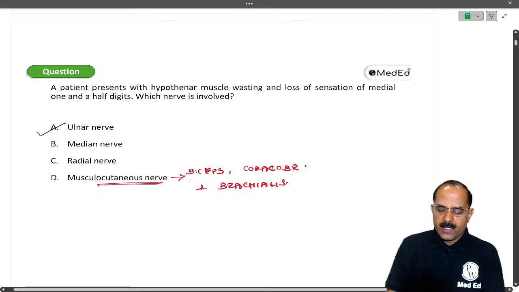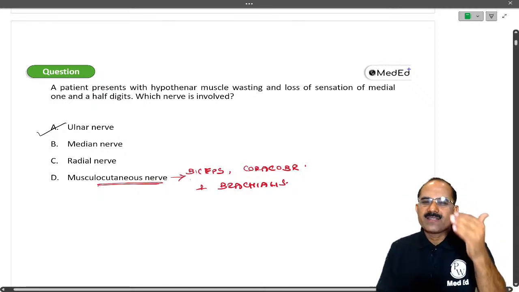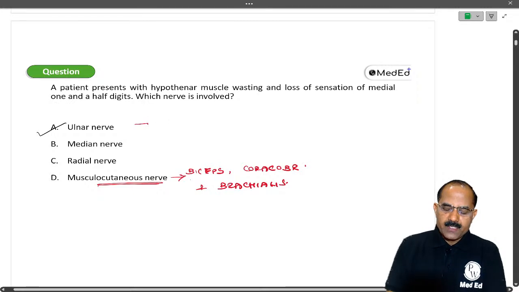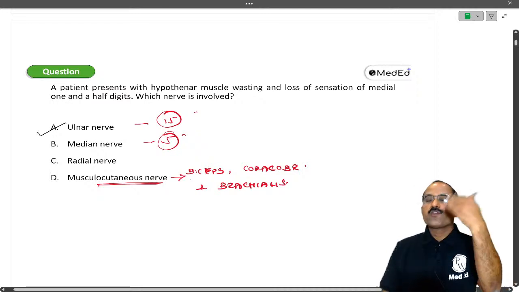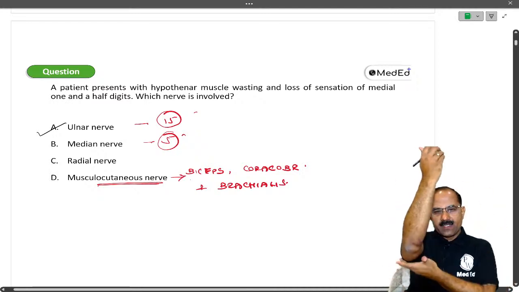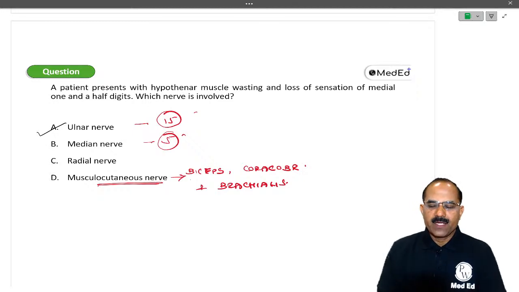Ulnar nerve supplies 15 muscles in the hand. Radial nerve supplies 5 muscles in the hand. Radial nerve कौन से aspect को supply करता है? The posterior aspect of the arm and forearm. This is supplied by the radial nerve. Okay, so answer is A for this.